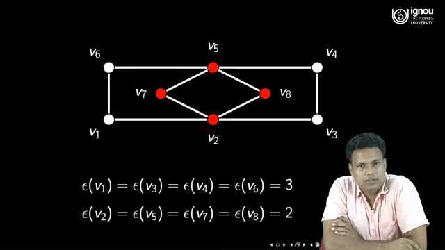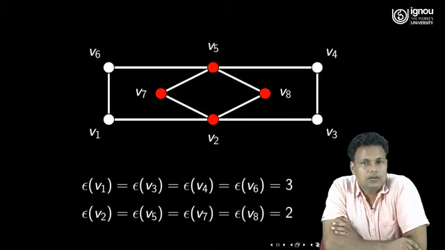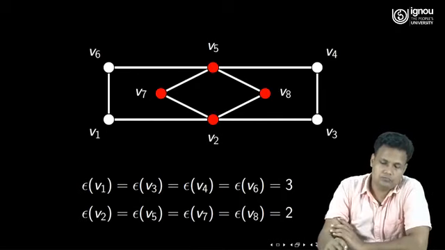Similarly, the vertices v3, v4 and v6 have eccentricity 3. Now look at the vertices v2, v5, v7 and v8, the vertices shown in red. They are at a distance of at most 2 from any other vertex. So their eccentricity is 2.